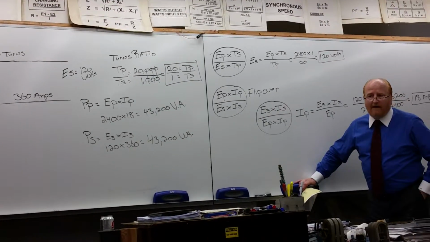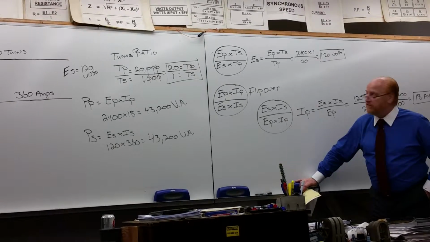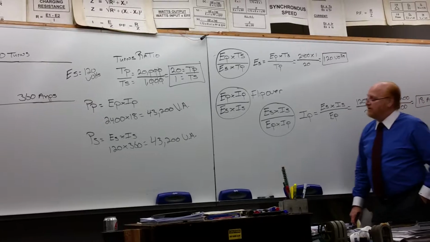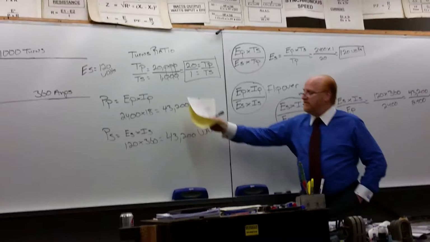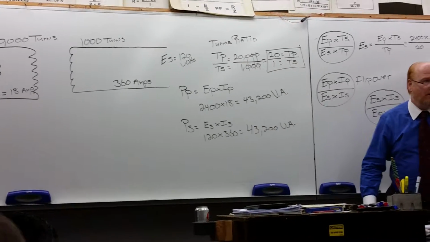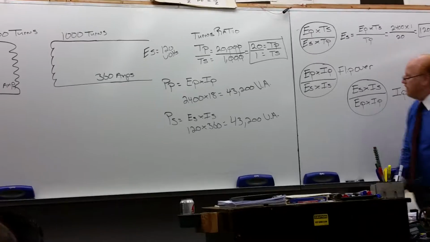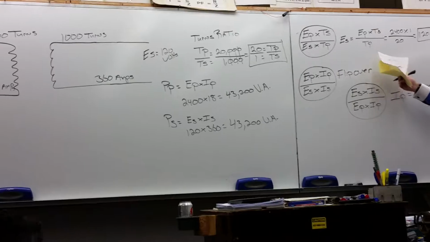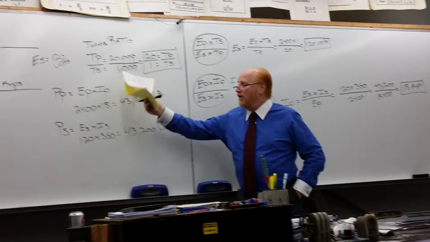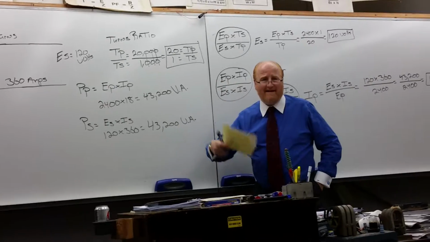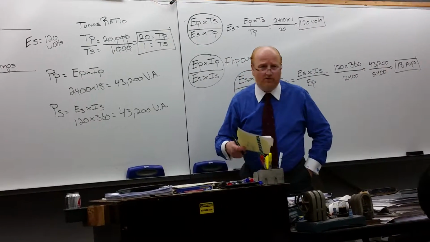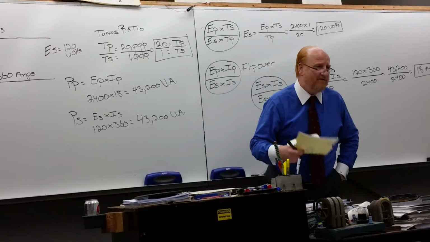We put our values in the appropriate location. 2,400 times TS, which we broke down, instead of using 1,000, to a simple value of 1. TP, we use 20, instead of using the whole number of 20,000. Too many zeros, so much room for making those silly mistakes.